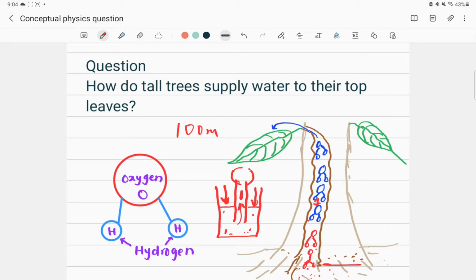Is there an electric force? It could not be. Why? Because between two molecules there is no electric force playing, because a molecule is electrically neutral.